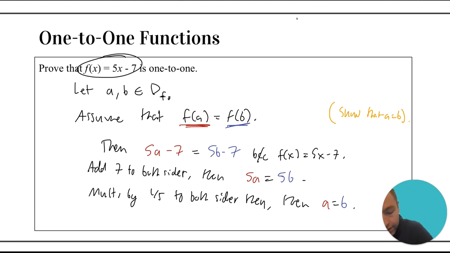And if you think about visually why that is, we know that f of x equals 5x minus 7 is a linear function because it's in mx plus b form. So we know the y-intercept is going to be at -7. It's got a positive 5 slope. So this is going to be the graph of that. And for whatever point you pick, like if you pick this point right here, and it has, say, this y value right here, there's only one x that ever has that y value, because there's no other places on the graph to the left or to the right of that point that has the same y value.